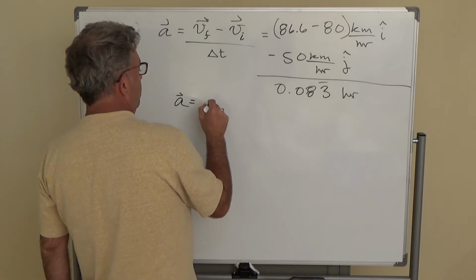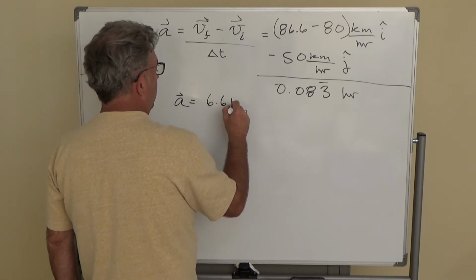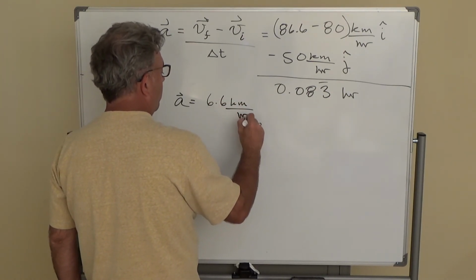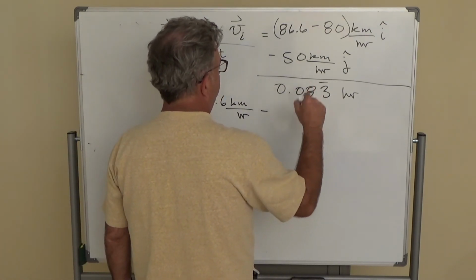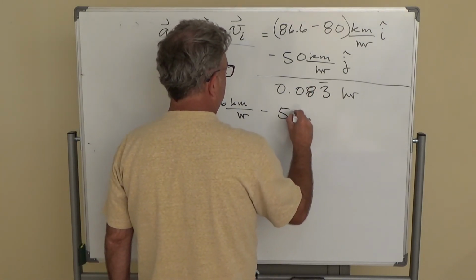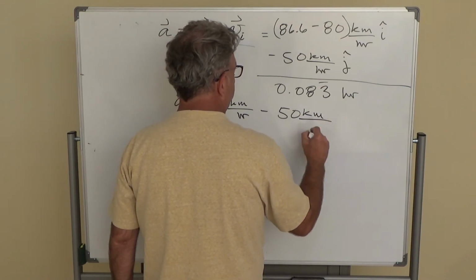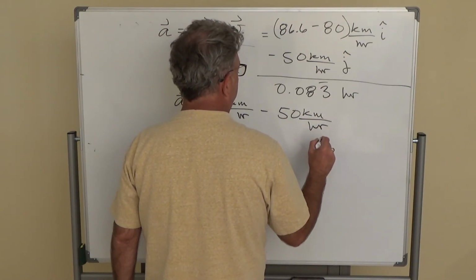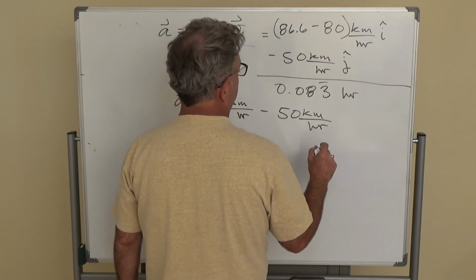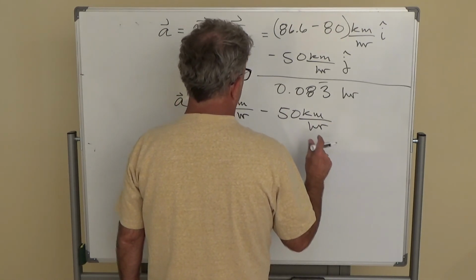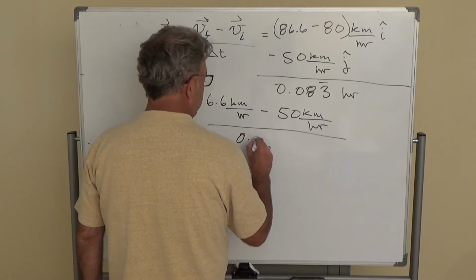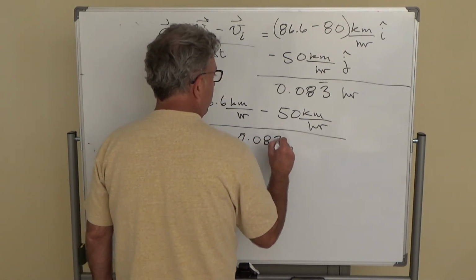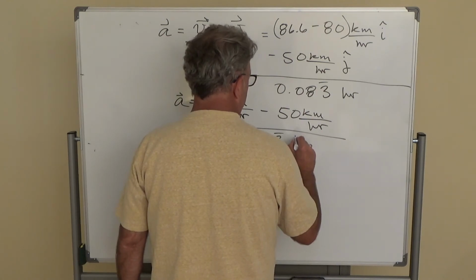So the acceleration, if it took the train 5 minutes to make that turn, is 6.6 kilometers per hour minus 50 kilometers per hour, and you divide by 0.083 repeating hours.